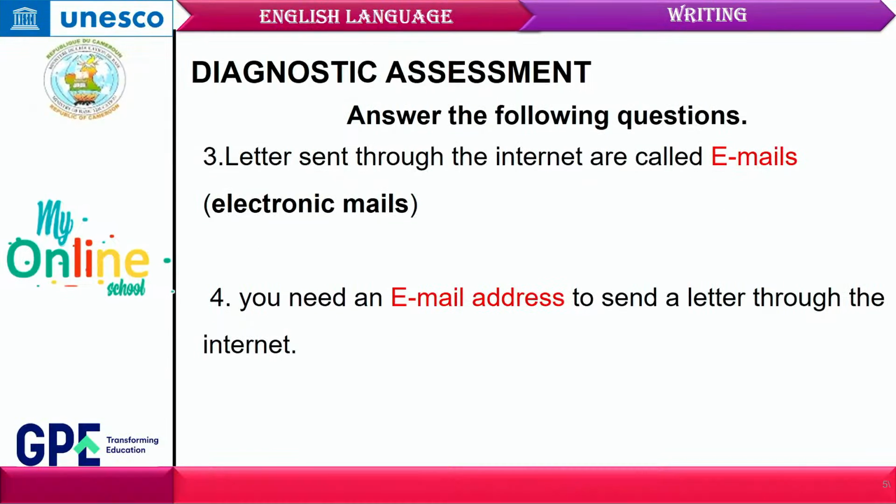Smart learner. Let's check it out. Letters sent through the internet are called emails or electronic mails. That's good. And you need an email address to be able to send a letter through the internet.